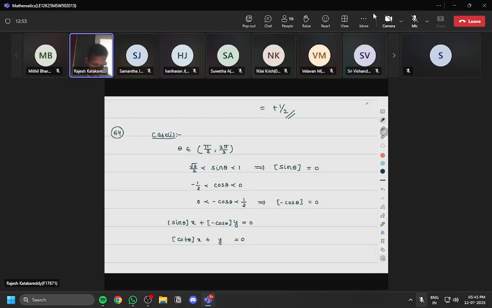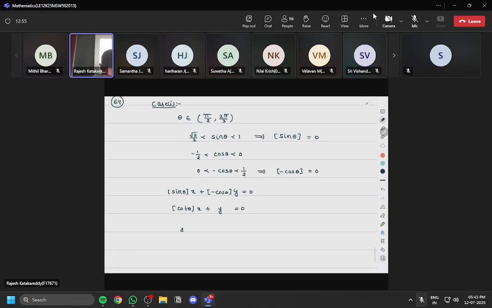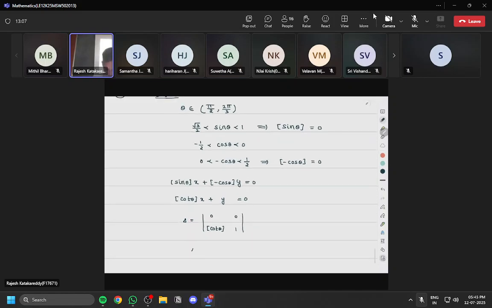Notice that if I write this in delta, I'll get delta equals determinant 0, 0, some greatest integer of cot theta value, and you have 1. We learned that if one row is equal to 0, the delta value must be equal to 0. In this case, we can have infinitely many solutions.